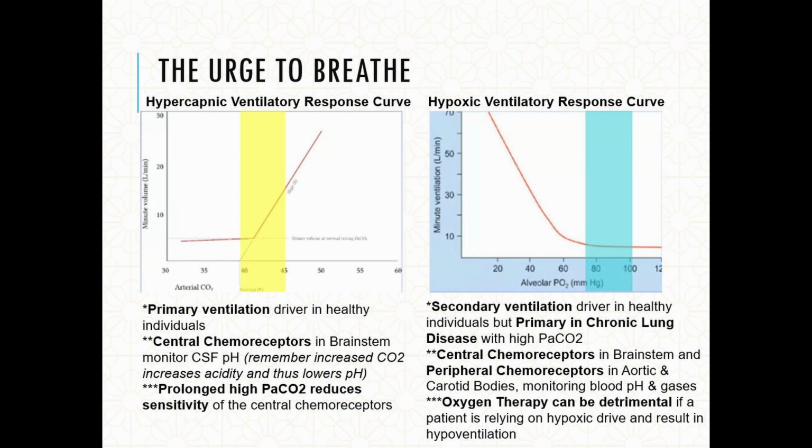Now, it might be surprising, but the urge to breathe is actually primarily driven by our CO2 content in a healthy individual. So let's have a look at these two curves. If we look at the hypercapnic ventilatory response curve on the left there with the yellow highlight, you can see there's a very sharp incline pretty much as soon as we get past 40 pCO2.